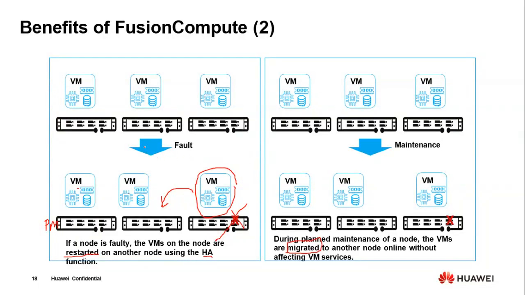So that's the concept of fault tolerance. It simply means if one physical machine has a problem, you can migrate the VM to the next physical machine and restart the VM. Once you restart the VM, all the content of the virtual machine will still be okay, so you are not going to lose anything.